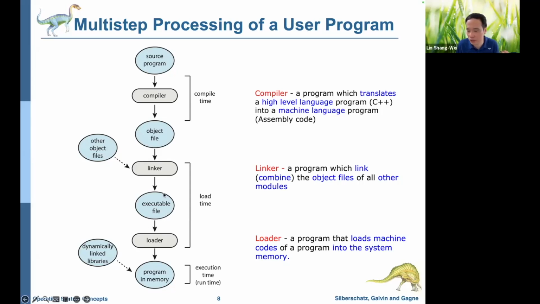After that, you may start to run your program. For example, in the shell, you can type your program name, and then you're telling the OS that you want to load your program into memory for execution. The OS has a so-called loader, which will load your executable file into memory and do the execution. So these are the three phases: compile time, when you compile your program; load time, to load your program into memory; and execution time, for the execution.